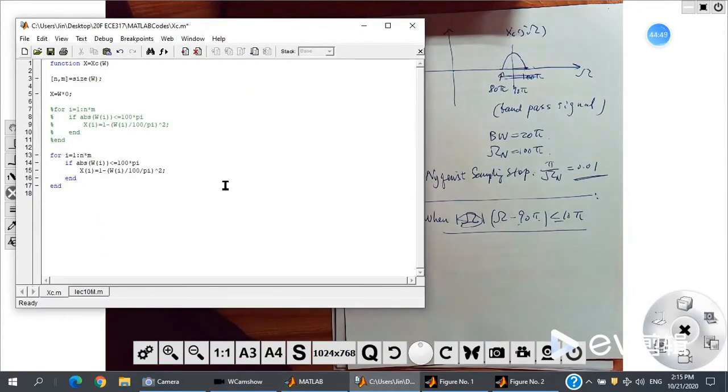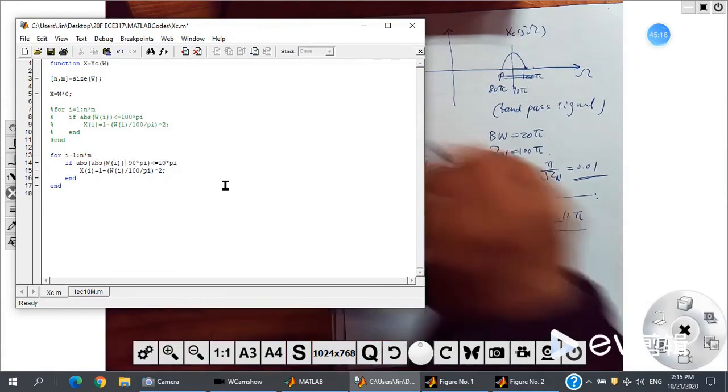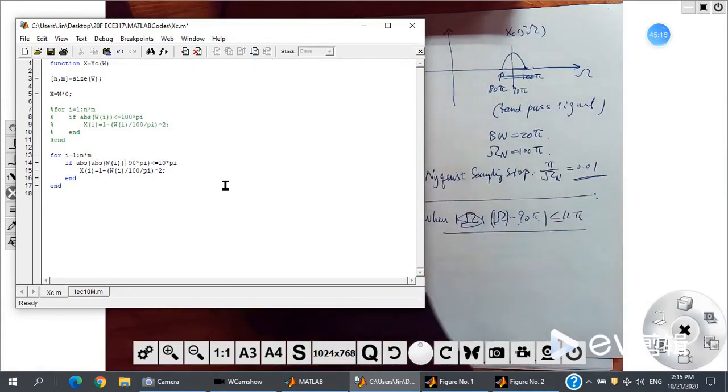Okay, so the function here: when |ω| minus 90 times pi is smaller than or equal to 10 pi, and we also consider the negative omega, so I add one more ABS here, the absolute value of omega. Then I consider both.